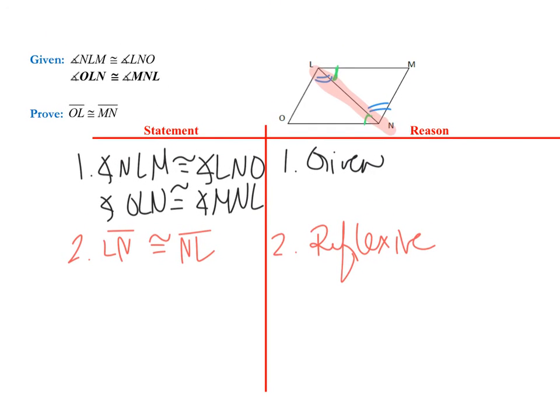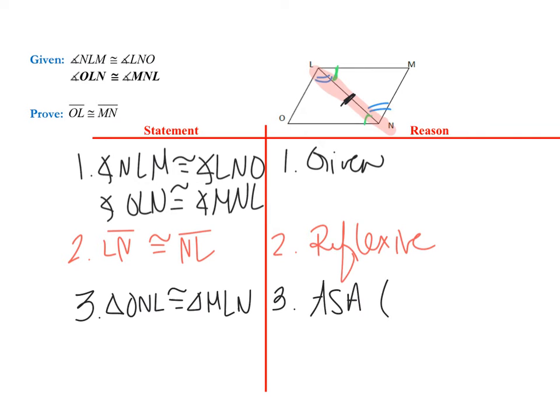Now we can say that our triangles are congruent. So I'm going to mark this now that I've proved it. And so I have triangle ONL is congruent to triangle MLN, and the reason being is angle, side, angle. And then where do we get our marks from? Well, we had angles from the given, then we have our side, and then we have our other angle given.